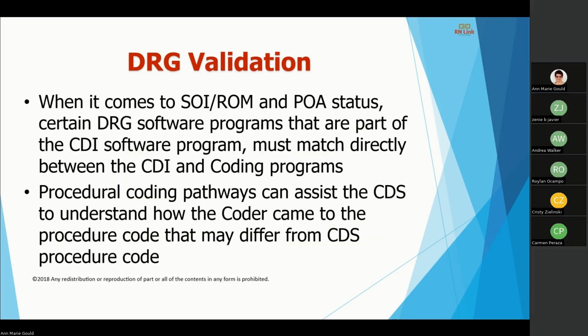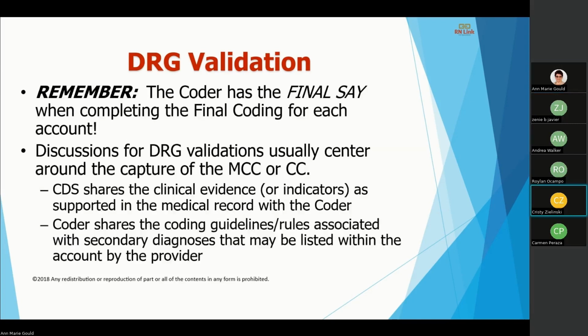Yeah, and with the DRG validation, some facilities have a mismatch CDI. The role of that CDI partly is mismatch. What is good with the facility I work with is that the CDI is also a coder. So whenever there is a mismatch, sometimes it's just simple, like the vent hours. If the patient has sepsis and it's more than 72 hours, that would change the DRG, and sometimes the coder will miss that and the CDI caught that.